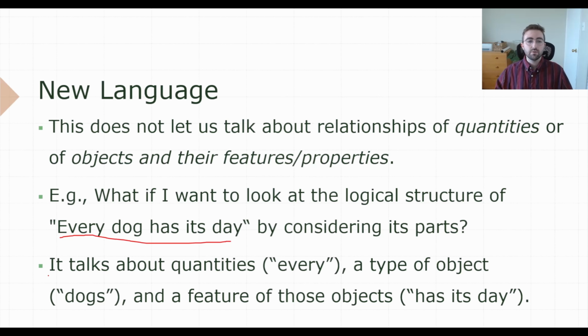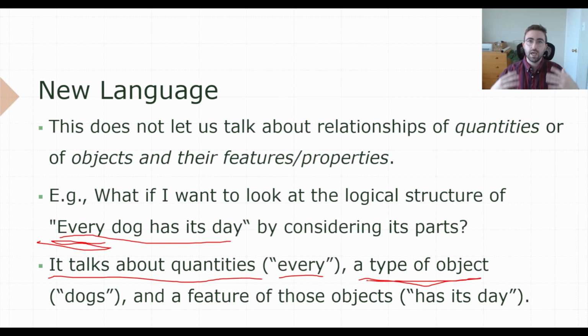So we need a new language that talks about quantities. So every, for example, we want to look at how every dog has its day. Talks about a quantity of dogs. In this case, all of them. We need a new language that lets us talk about types of objects. So we need to name things. In this case, the types of objects we're considering are dogs. Not that animals are purely objects.